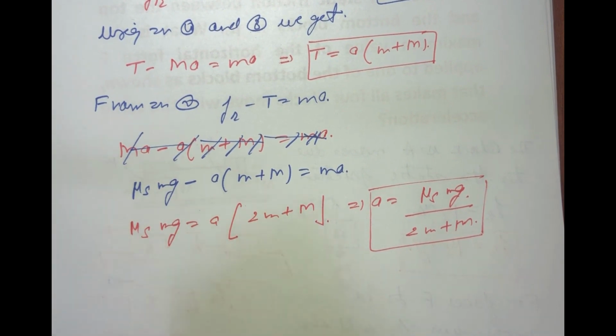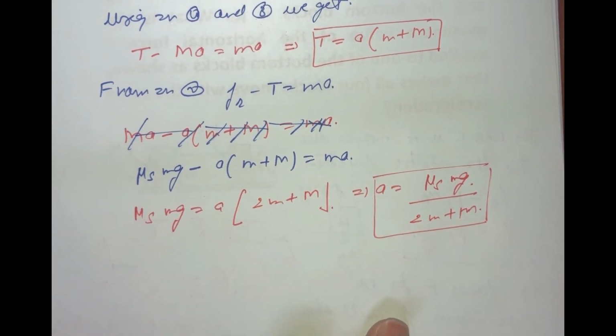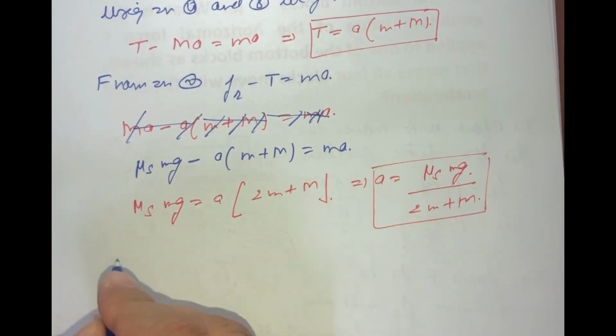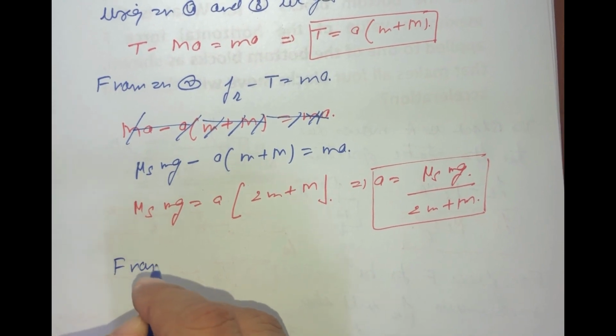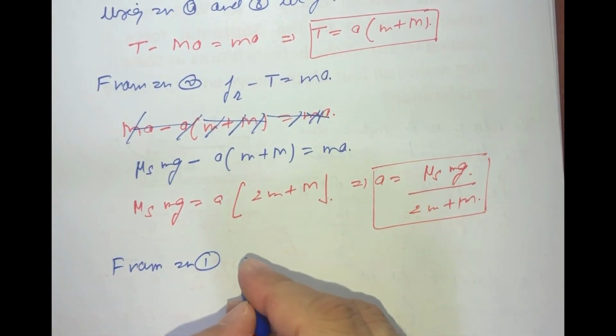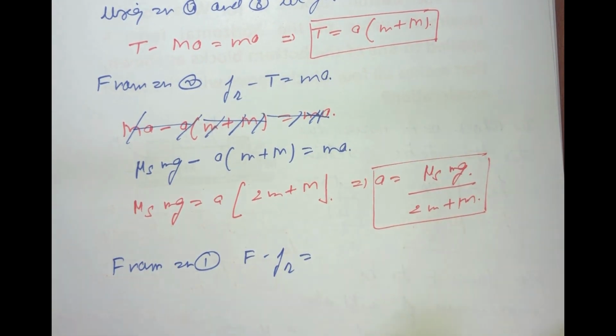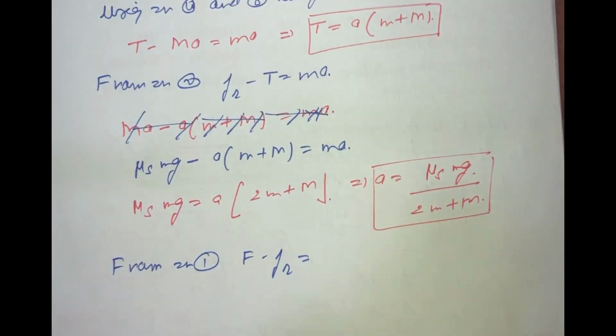And finally, we are going to find out the force. Okay, so we already know equation 1. So you can write from equation 1, which was F minus FR is equal to capital M a.